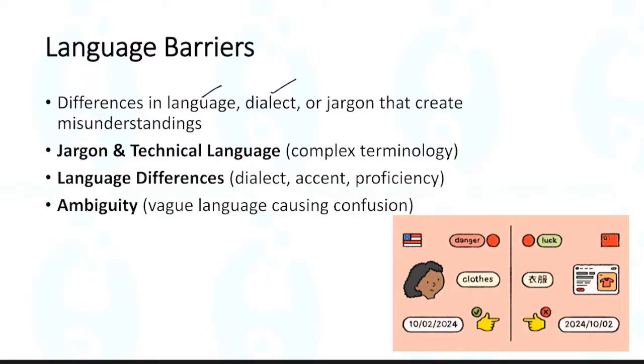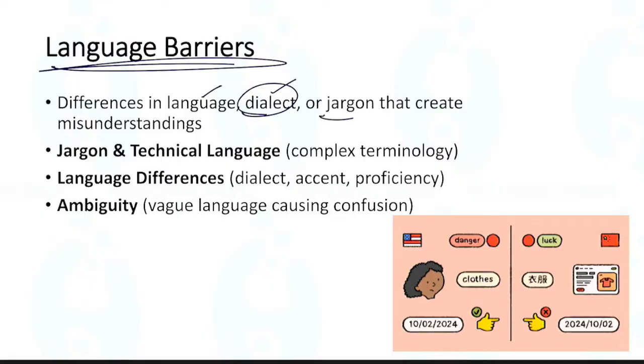In Kerala itself, the dialect differs from the north to the southern districts, right? The same way in Tamil Nadu, Andhra and Karnataka, and even in the northern states, all the dialects are different. If one doesn't have a proper idea of these dialects, these words or certain non-verbal cues can be misinterpreted. So that becomes a barrier to effective communication.